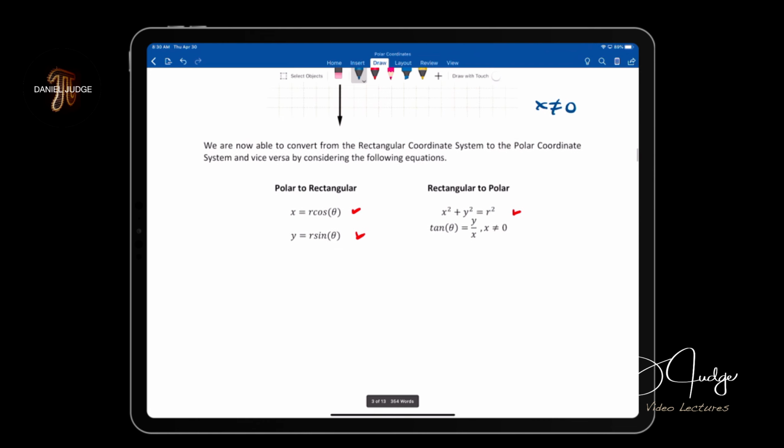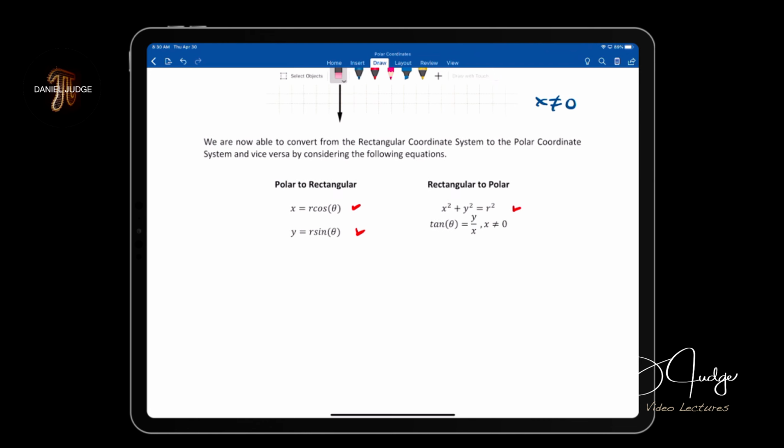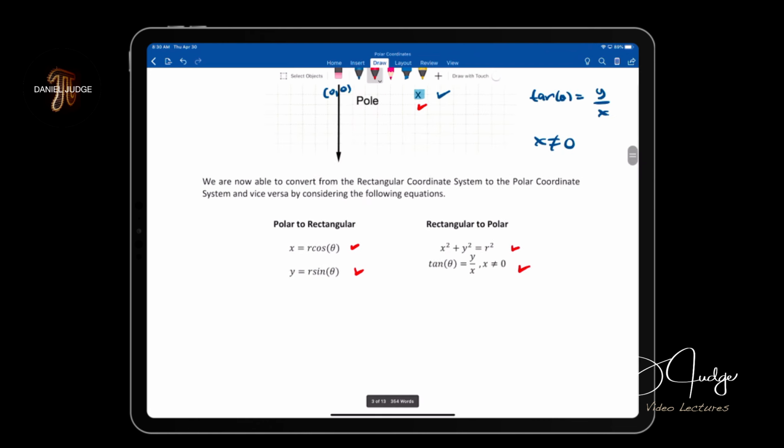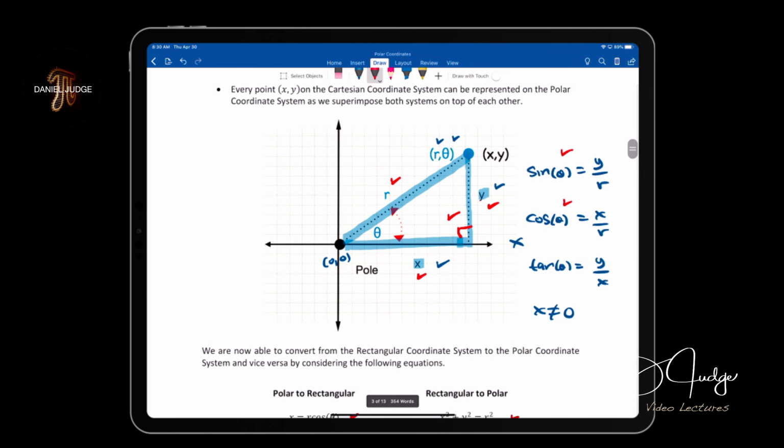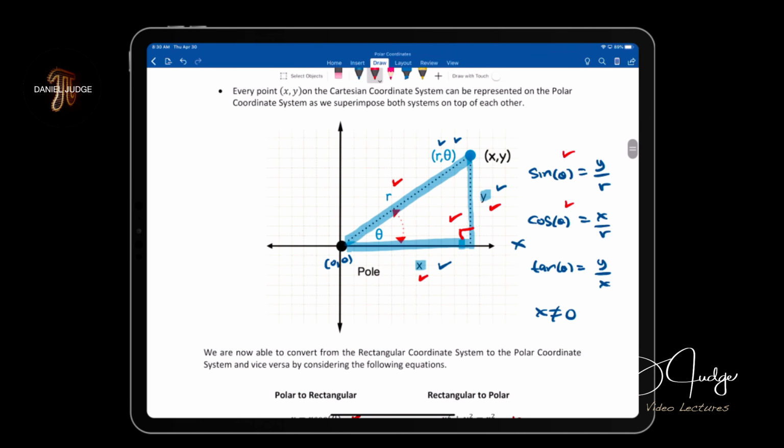So you have some nice definitions that you get when you just superimpose the Cartesian coordinate system with the polar coordinate system, put them on top of each other, put your pole over the origin, and we now have a way to, ladies and gentlemen, convert, go back and forth. So there's a conversion process.